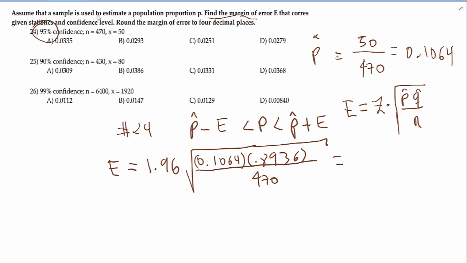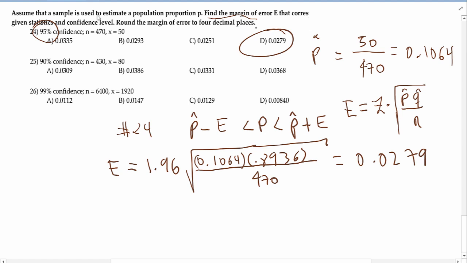Then we take the square root of that and multiply by 1.96. I get 0.027879. Okay, so that's what we get.